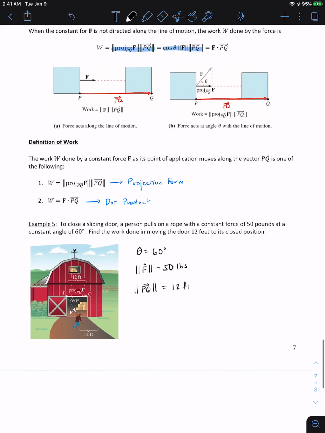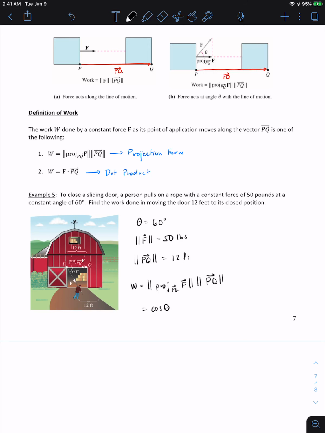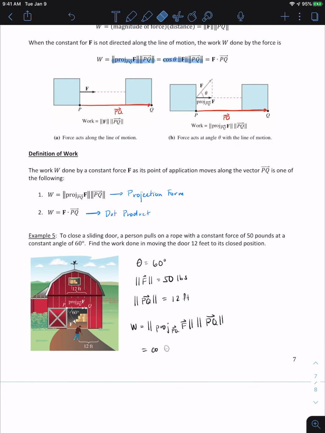And now it's just a matter of plugging into our formula that I have up here in blue, right? So work is given by that formula, the projection of F onto PQ times the magnitude of PQ, but we can rewrite this as cosine of theta times the magnitude of the force times the magnitude of PQ.